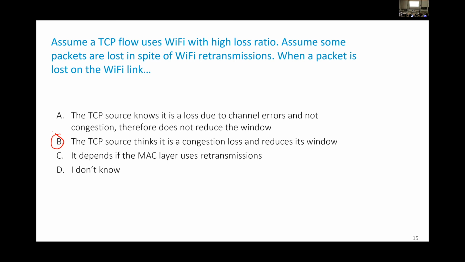They usually don't exchange that kind of information. Also, the Wi-Fi link may not be at the source. Perhaps I access the Wi-Fi link over another link, which is not where the loss is occurring. So the TCP source will simply see a loss and will go into one of the mechanisms we've seen to reduce its congestion window. So it will reduce its sending rate.